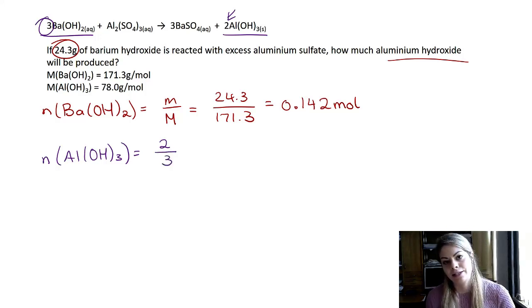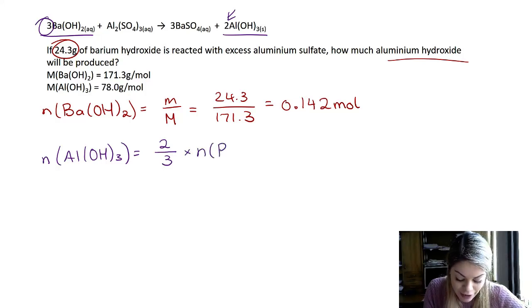Okay, which makes sense because for every 3 barium hydroxides we need 2 aluminium hydroxides, so for every 1 barium hydroxide we get 2/3 of the amount of aluminium hydroxide. So I need to times by 2/3 of the number of moles of barium hydroxide.